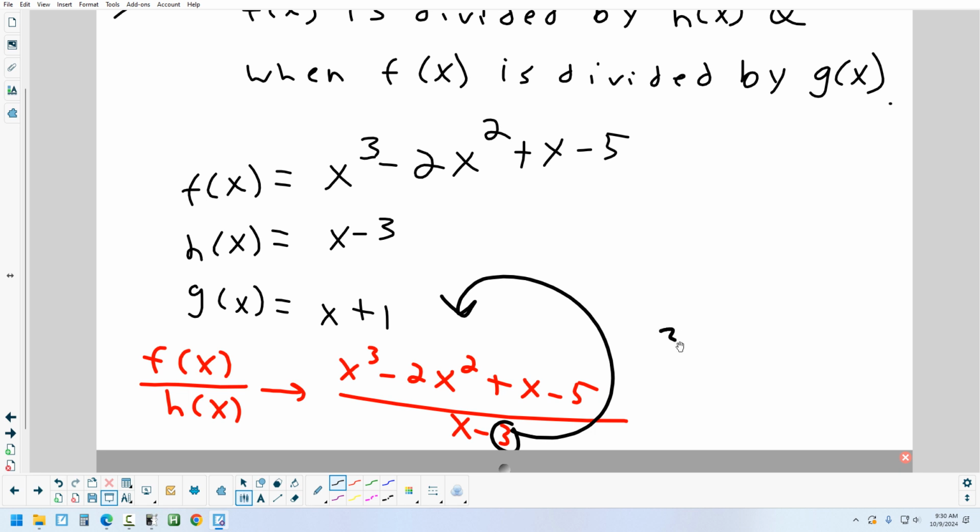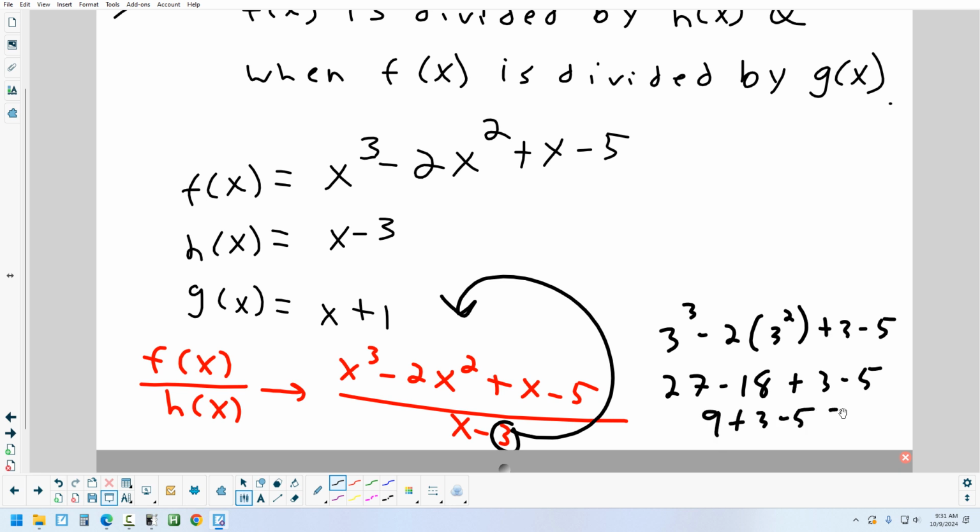So we've got 3 cubed minus 2 times 3 squared plus 3 minus 5. 3 cubed is 27. What's 3 squared? 9, times 2, so I get minus 18. What's 27 minus 18? 9. So that gives me 9 plus 3 minus 5. 9 plus 3 is 12, and 12 minus 5 is 7. That's the remainder if you did out the long division.